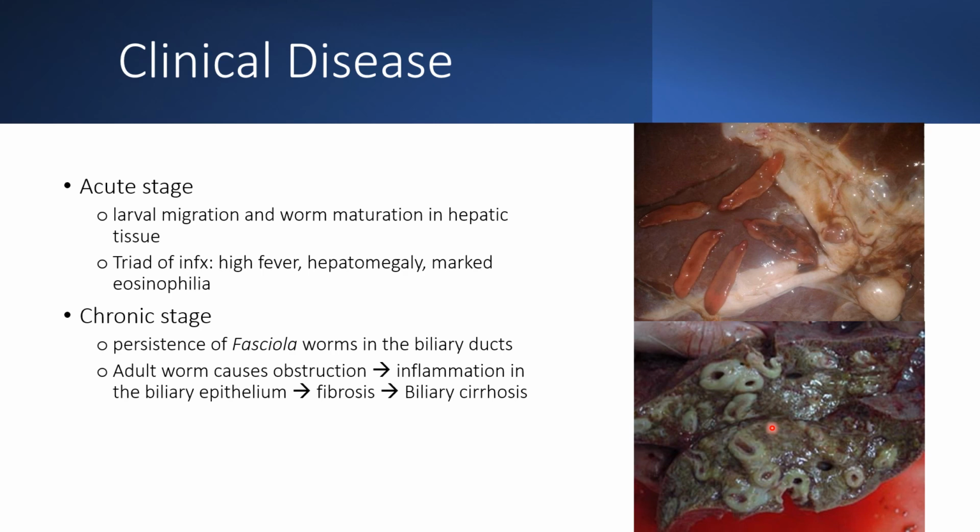So the adult worm causes obstruction there. This causes inflammation in the biliary epithelium. That's why here the biliary duct is thickening. This is the thickening of the biliary duct. So this causes obstruction, then fibrosis, then biliary cirrhosis. There will be scarring and damage to the liver.